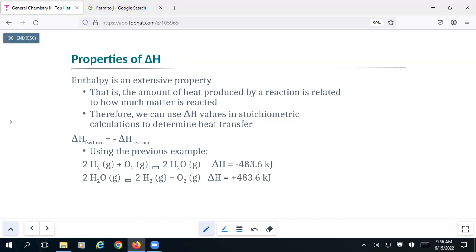But one important thing that we do need to understand is that enthalpy is an extensive property. If you remember extensive properties, that means that it does matter based upon how much there is. The more stuff there is, the more prominent that property is going to be. And so in the matter of energy, that means that our energy values that we have here are going to be stoichiometric in some kind of way.